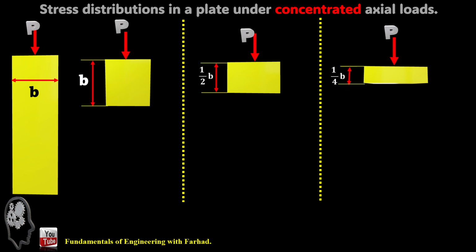The first one is at a distance equal to the width of the plate moving downward, and then you come a bit closer to the center line of the load, and then even closer to the load. The stress distribution varies.